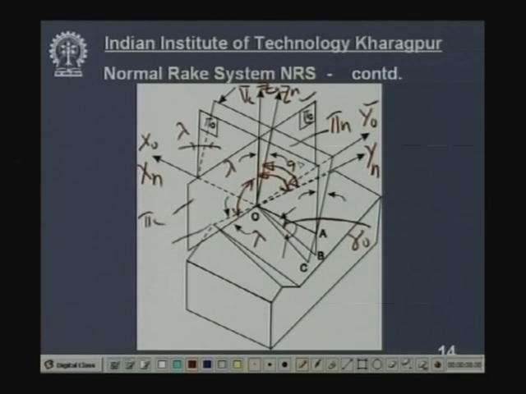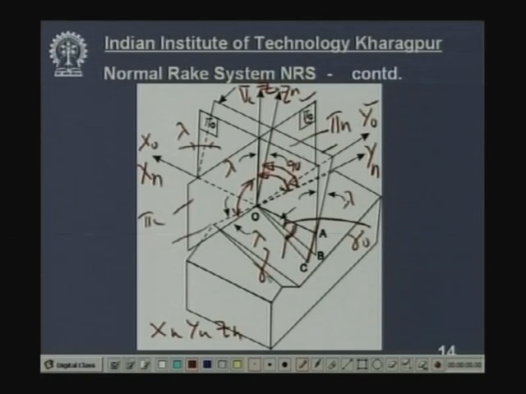So, x-n, y-n, z-n are the axes, and the planes are shown, the cutting plane and orthogonal plane, those remain the same, and this is the normal plane when extended, and this is also lambda, then it meets the rake surface, and this is the rake angle, but this rake angle is measured on which plane?